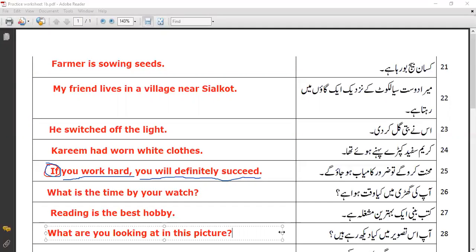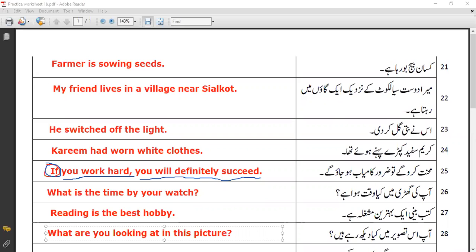What are you seeing in this picture? Okay, that seems fine. If you're writing looking, then I think you should write looking at. What are you looking at in this picture? If you're writing seeing, what are you seeing in this picture? Then there's no need to write what are you seeing at. Seeing is fine. What are you seeing in this picture? What are you looking at in this picture?